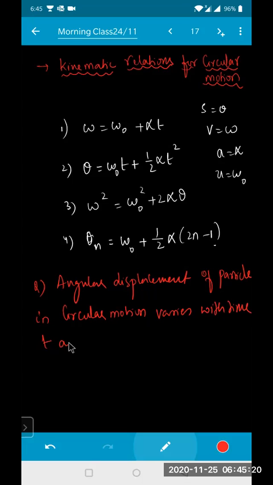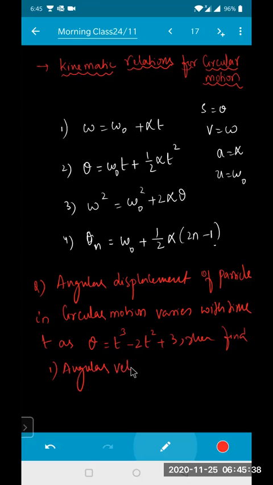Theta is equal to t cube minus 2t square plus 3. Then find: number one, the angular velocity at t equals 2 seconds.